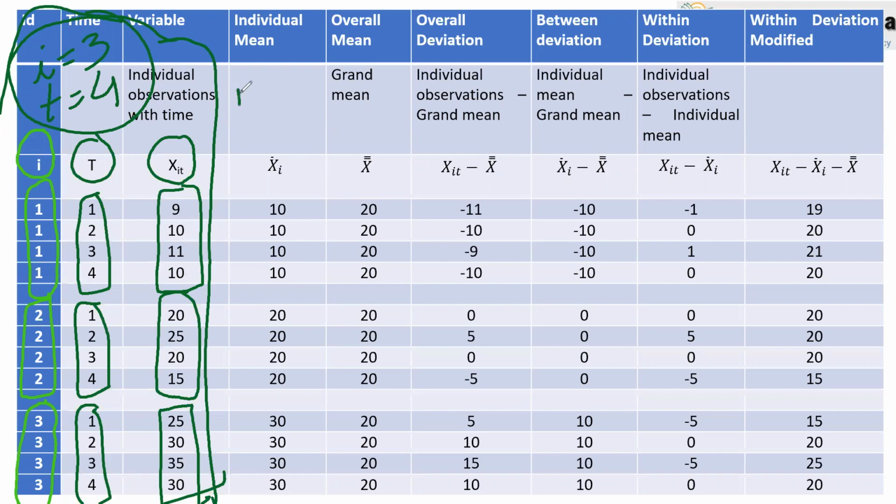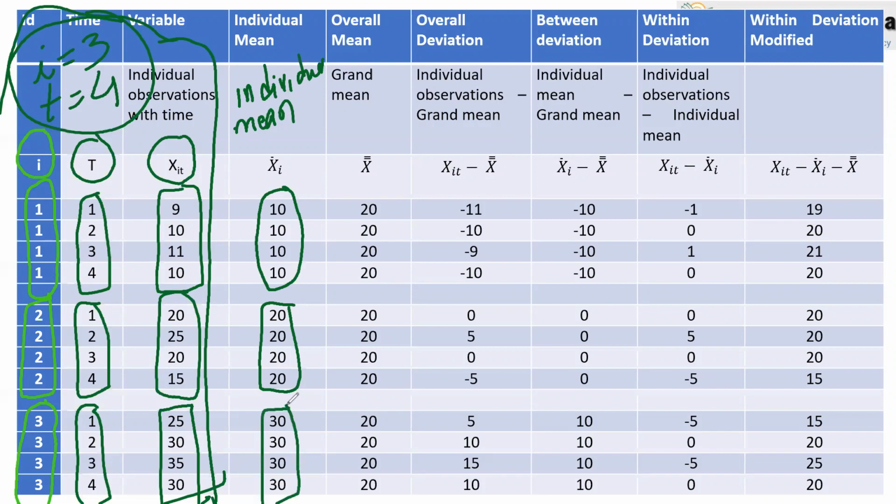So this is called the individual mean. The mean of the first person is 10. The mean of the second person is 20, so 20 plus 25 plus 20 plus 15 divided by 4 is 20. The mean of the third person is 30. So this is called individual mean, or group mean.